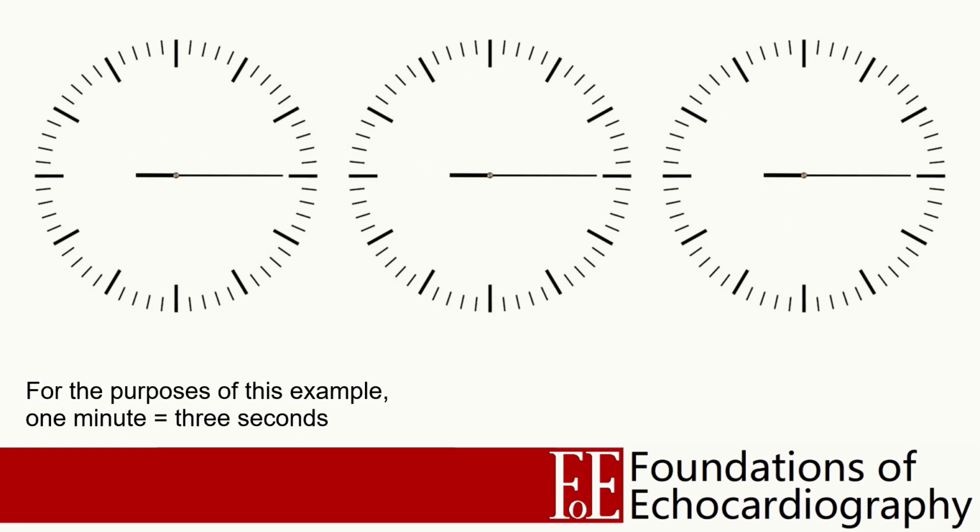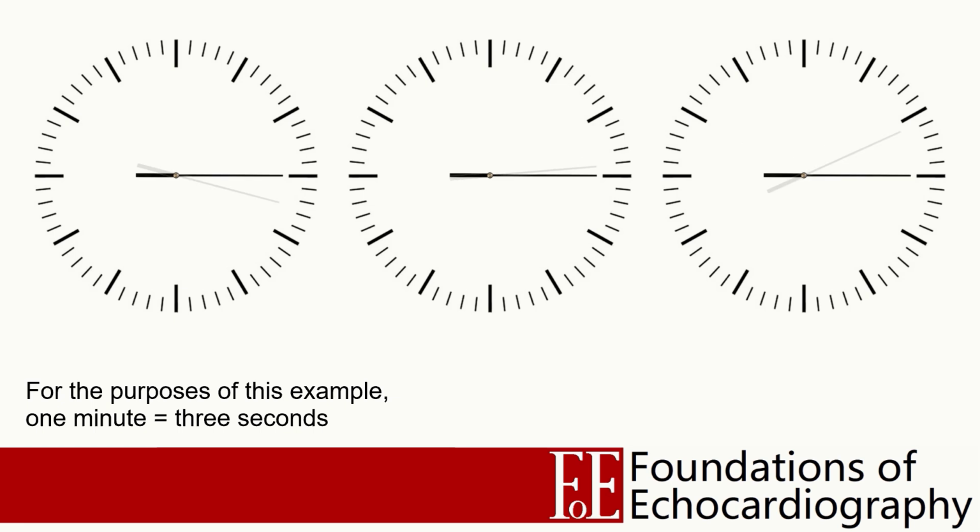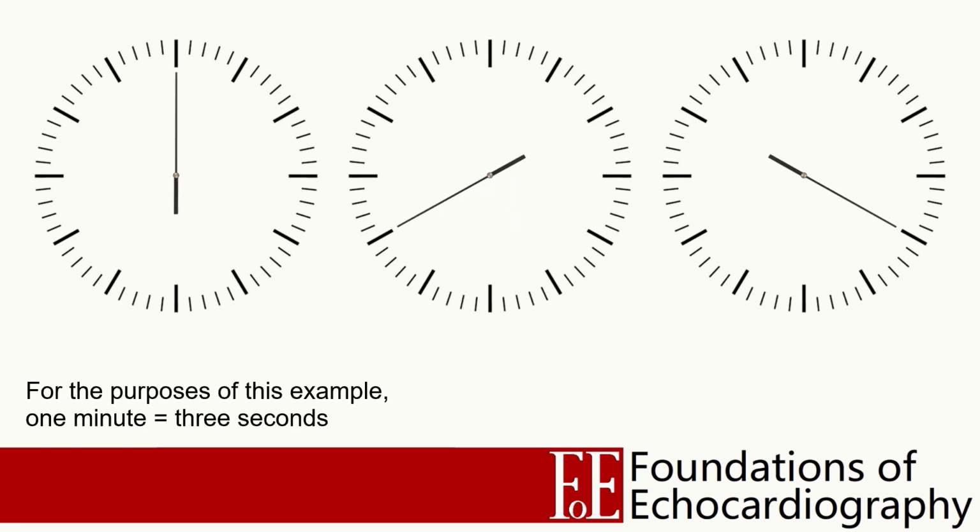If we glance at all 3 clocks once every 15 seconds, then the hands will be in identical positions each time we check. With this sample frequency, we won't be able to distinguish which clock is working properly and which clocks are broken. In order to be certain how the hands are turning, we must watch the clocks continuously, and then the true speed and direction of motion is revealed.